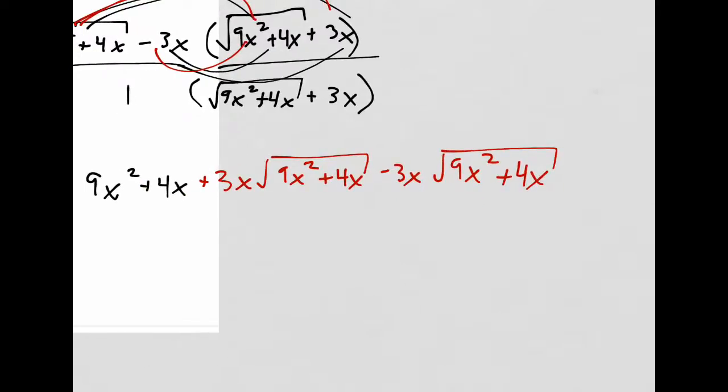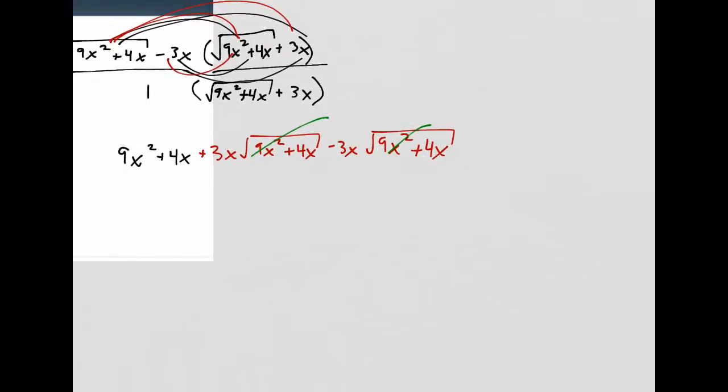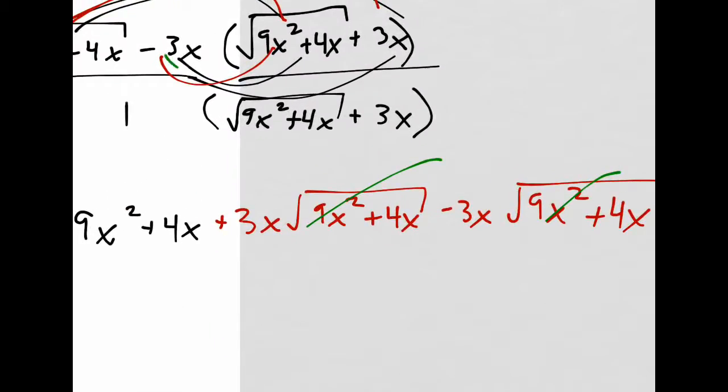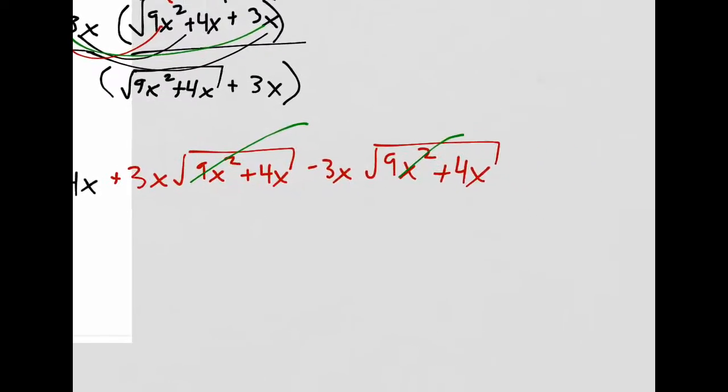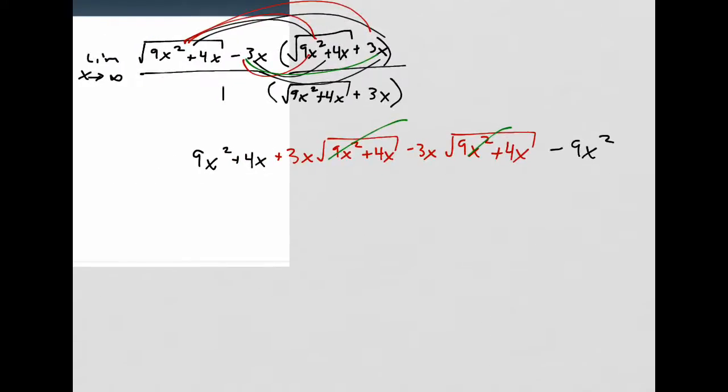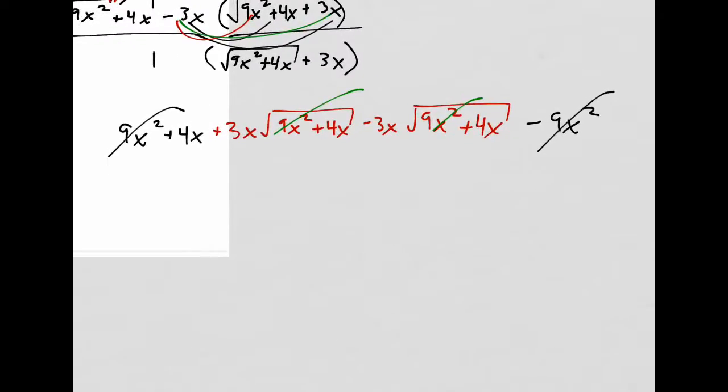And then these cancel, of course. And then we have the last part, which is negative 3x times 3x. So that's minus 9x squared.